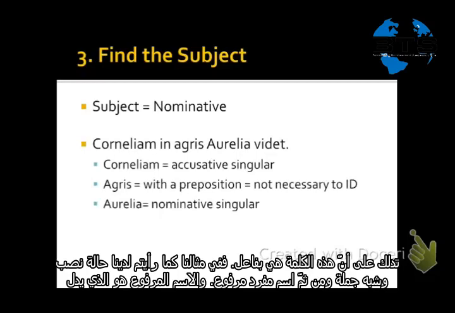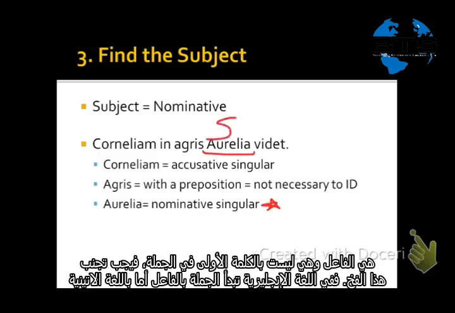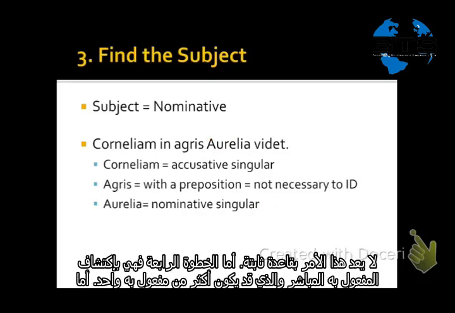Therefore, our subject is going to be what is in the nominative, which we already identified, and so Aurelia is our subject. Notice that it is not the first word in the sentence. You must avoid that trap. Right? English, yes, subject usually starts the sentence. Latin, not always. Look for the nominative case.